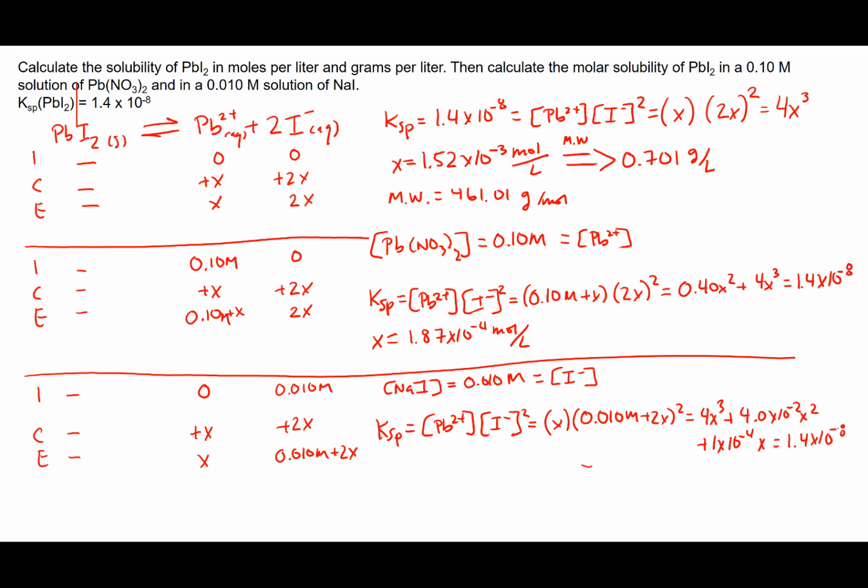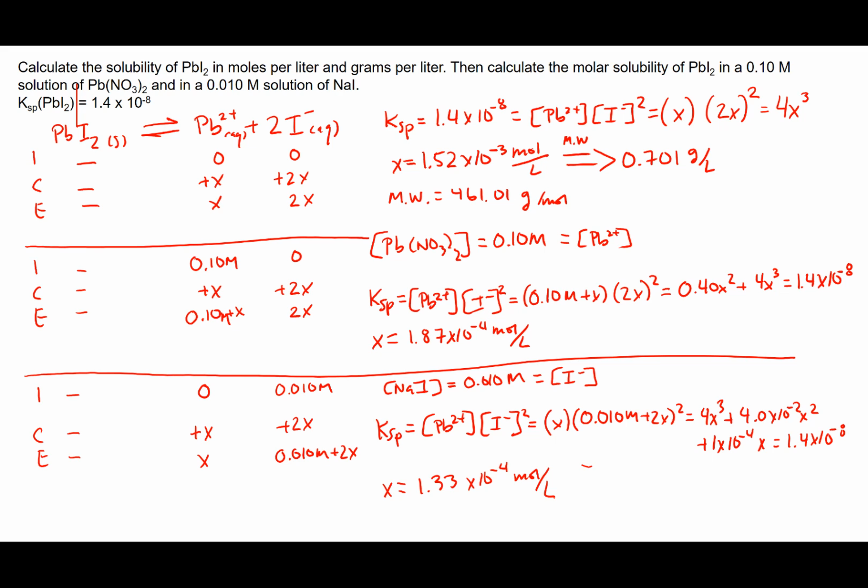Again, we just go through, use our algebra, and solve for x. Solving for x, we get 1.33 times 10 to the negative 4 moles per liter, and that is the molar solubility of lead iodide in a solution of sodium iodide.